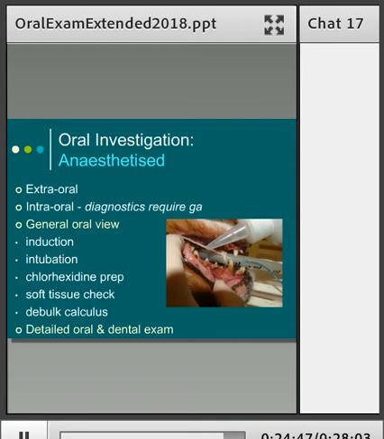And then once we've got this animal intubated and being stabilized, then you can have a little run round the mouth with some chlorhexidine solution, typically 0.12%, and generally it comes in a ready-made version for animals at that strength. So I dribble that round all the soft tissues and also the teeth, so I'm getting a general oral view, but importantly I'm doing my soft tissue check, and it's really, really crucial that you do that.